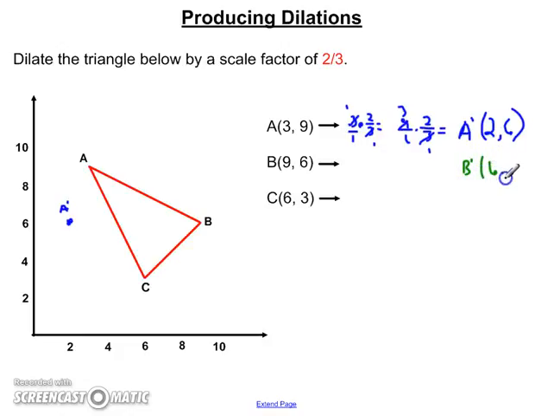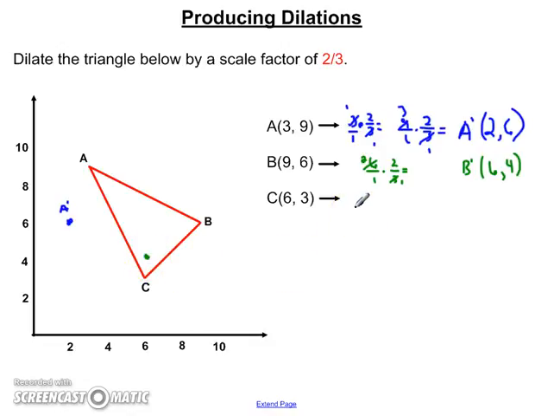I do have to do 6 times 2/3. So 6 over 1 times 2/3, again a cross reduction, and that is going to be 4. So 6, 4 is right about here.